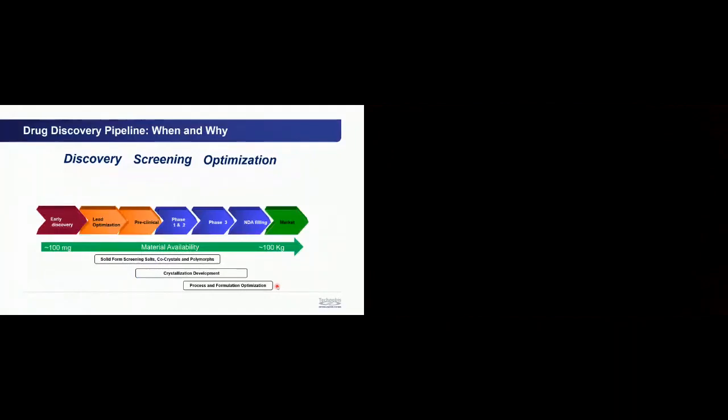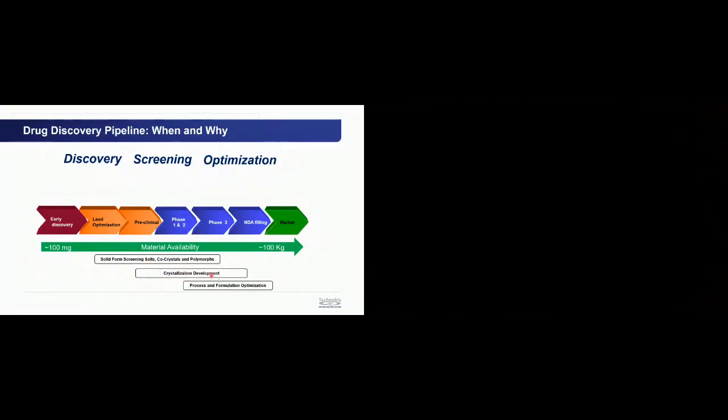If you have a look at the drug discovery pipeline, and this may be just for drug discovery, but also for, say, agrochemicals, you have an early discovery of a molecule, and you're starting out with, say, a couple hundred mgs of material. As you go through the process before reaching market, you get more material available, and you start to undertake more screening. So you may look at salts, co-crystals, and polymorphs.